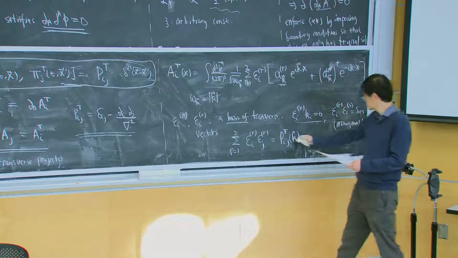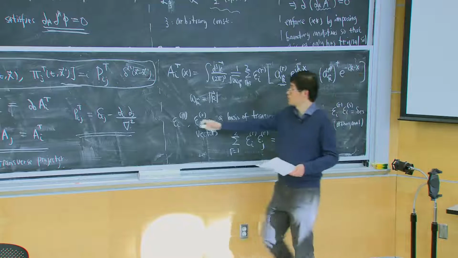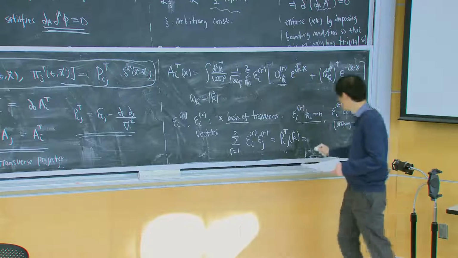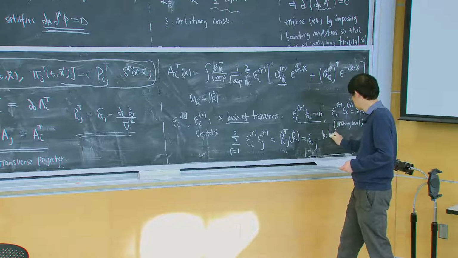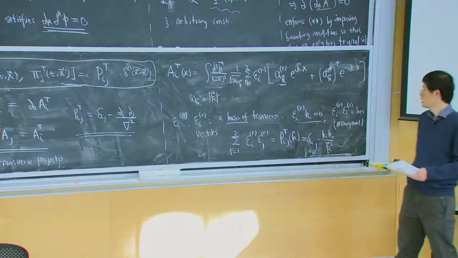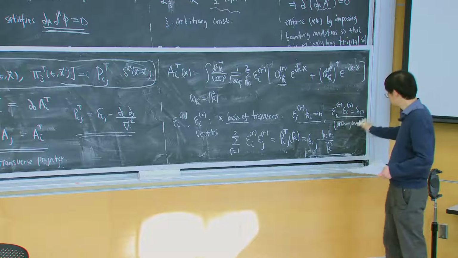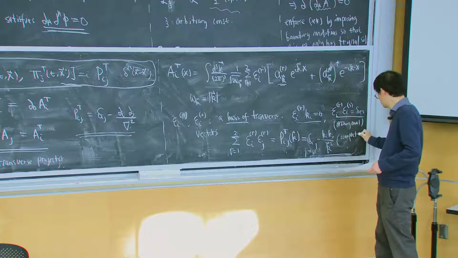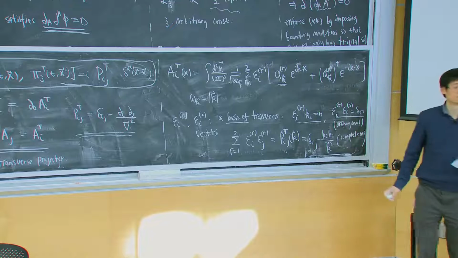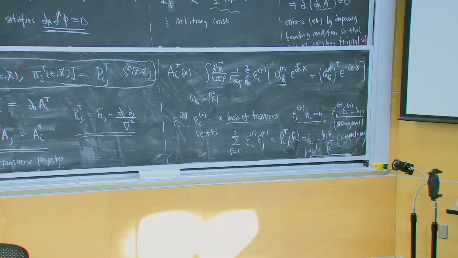This is just the momentum space version of delta_ij. So this is the orthogonality condition, and this is the completeness condition. Any questions on this?